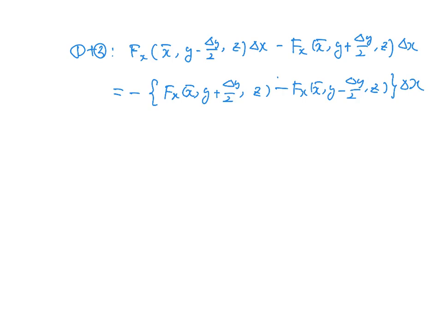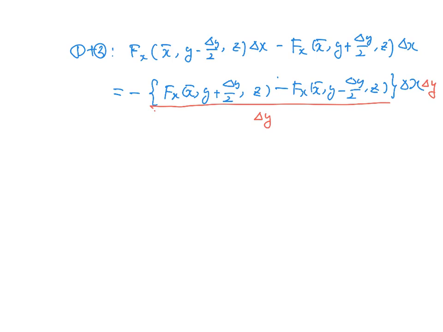Looks a little bit complicated, and in that case, what you can do is do nothing, right? So let's divide by delta y and multiply by delta y. So I haven't changed anything, right?